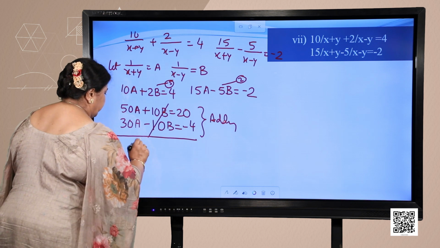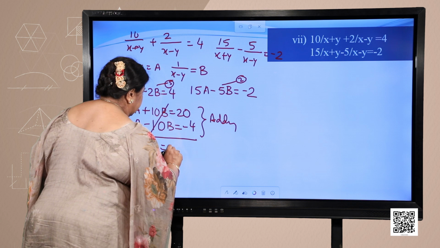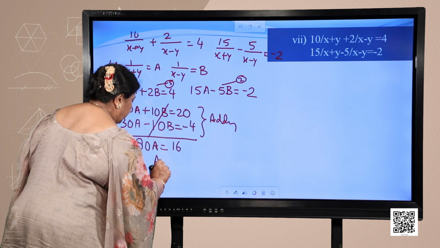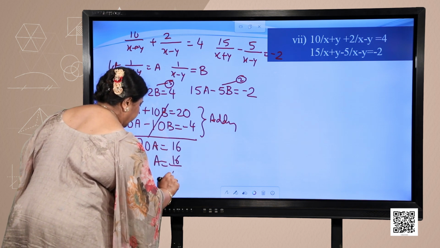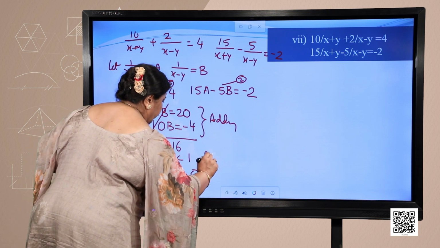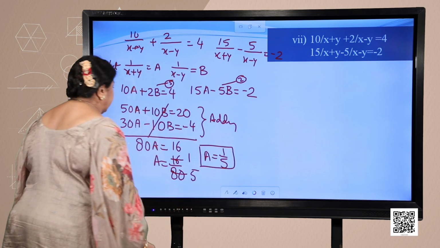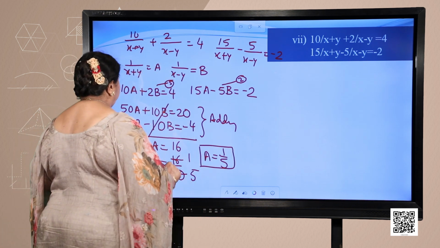So, we get 80a is equal to 16, a is equal to 16 upon 80, that gives me 1 upon 5. Value of a is 1 upon 5. Likewise, let us calculate the value of b.